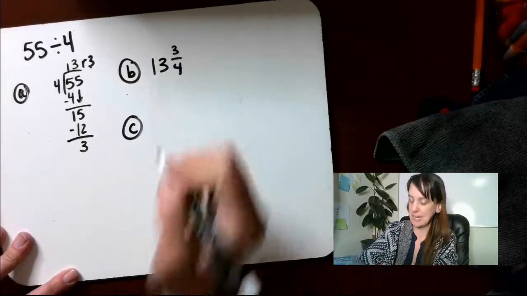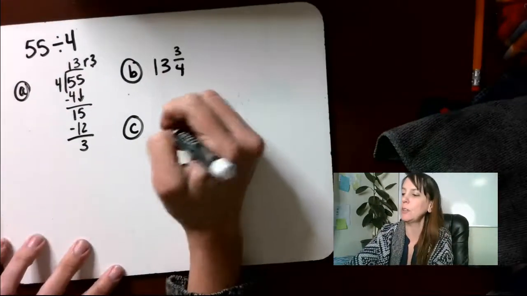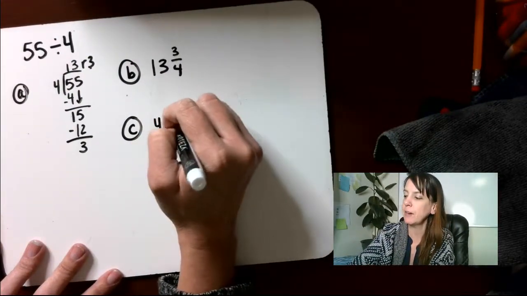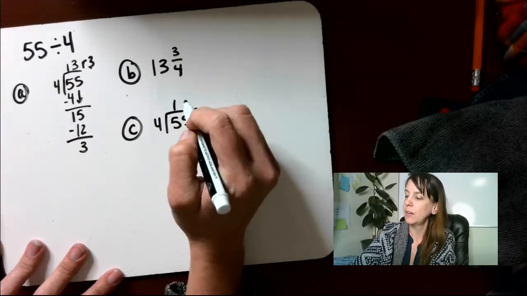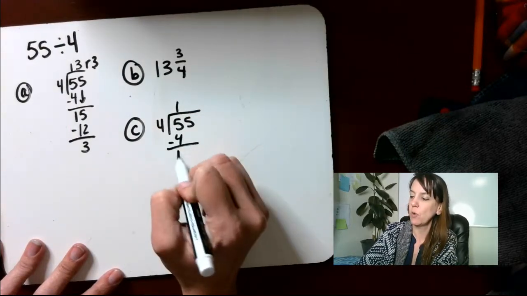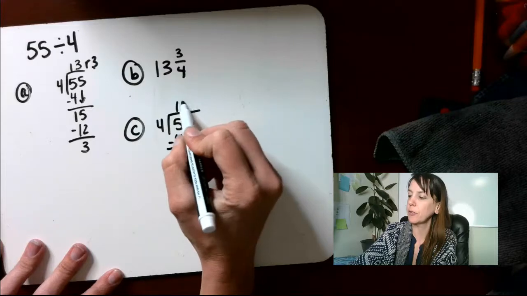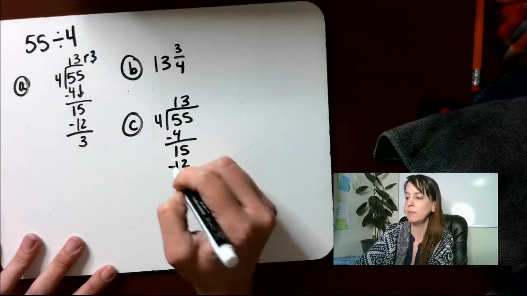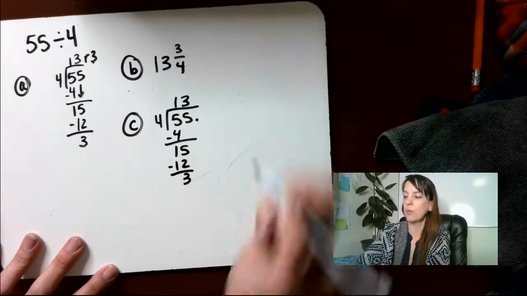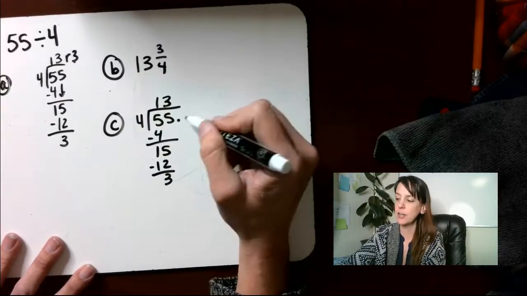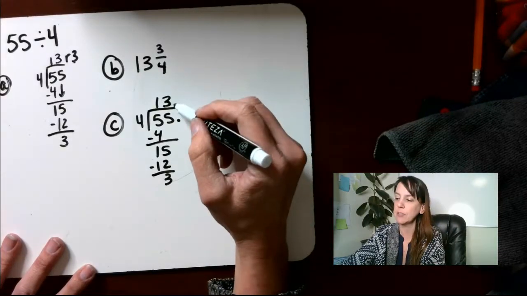For C, it's asking to write it as a decimal. So we're gonna do 4 into 55, goes in 1, then 15, that's gonna be 3, so 3 times 4 is 12 minus, so we get 3. Now, we have that decimal at the end there, and we also have to bring it up.